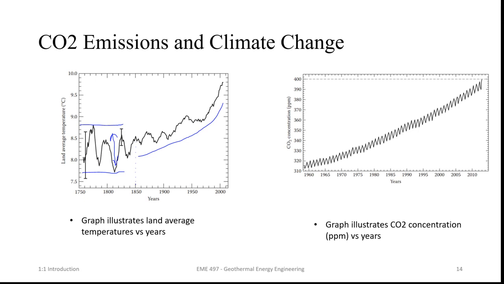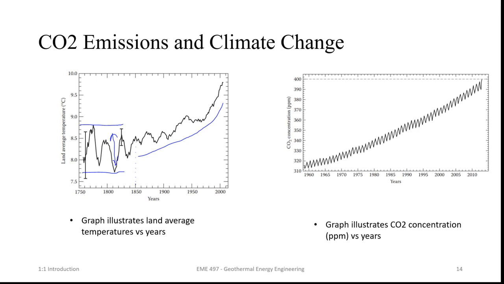And then on the right, you can see a chart or a graph that talks about the CO2 concentration and the years. As you can see, the CO2 concentration, that's around the 1960s. It doesn't even account for the 1850s because the 1960s is the exponential growth, and there's an average increase of about 3 ppm of CO2 per year since oil and gas were kind of introduced into the industrial settings.